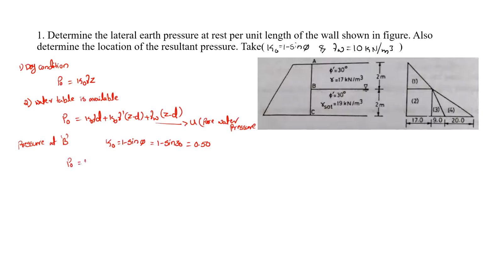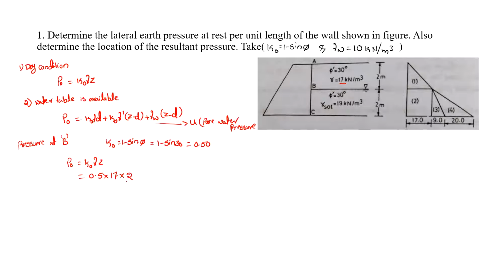For the pressure at point B, we use P naught equals K naught gamma Z. K naught is 0.5, and gamma for the first layer is 17 kilonewton per meter cube, the unit weight of the soil, and the depth from A to B is 2 meters, as you can observe in the diagram.